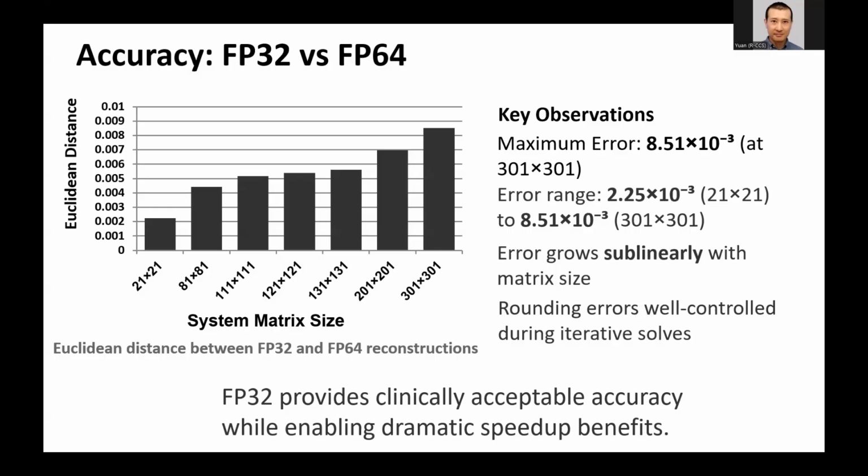It means the rounding errors are well controlled during the iterative solution of the mathematical problem. So our conclusion here is FP32 provides clinically acceptable accuracy while enabling dramatic speedup benefits on even consumer GPUs.